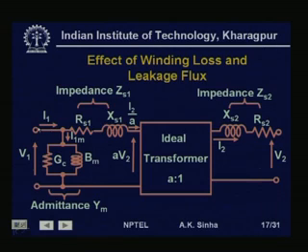The current here on the primary side at the terminal will be I1. The current in this winding will be I1 minus I1m, which will be equal to I2 dash, and that will be equal to I2 by A. So, I2 by A current will flow in this winding, and I2 current will flow in this winding depending on the load on the secondary side of the transformer.